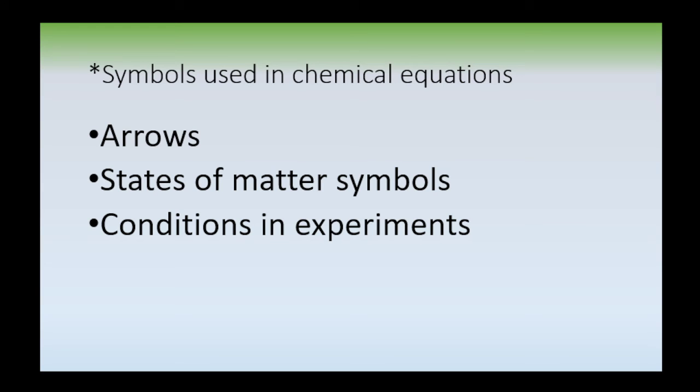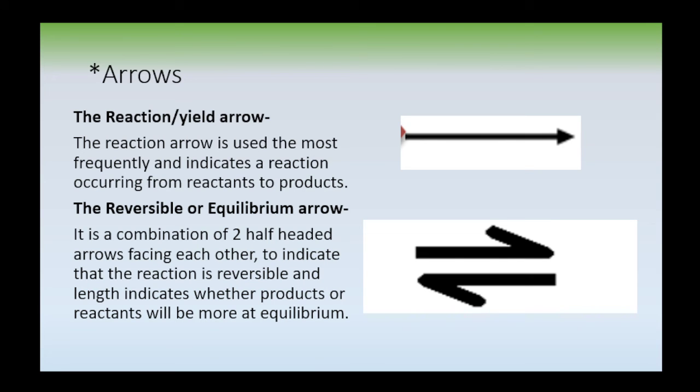Be familiar with the symbols used in chemical equations: arrows, states of matter, and conditions in experiment. The arrow, also known as the yield arrow, is used most frequently to indicate a reaction occurring, basically your reactants to your products. Your reactant should be on the left side and your product should be on the right. The reversible or equilibrium arrow is a combination of two half-headed arrows facing each other.